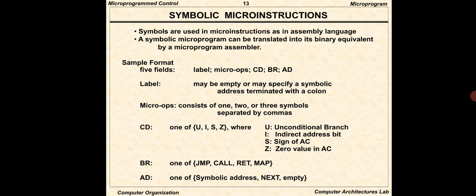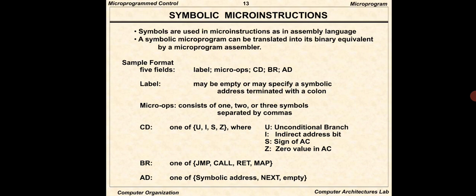Let us go with the sample format. We are going to have a total of 5 fields in this microinstruction. The first is the label field, next is the microoperation field, next is the condition field, next is the branch field, and next is the address field.